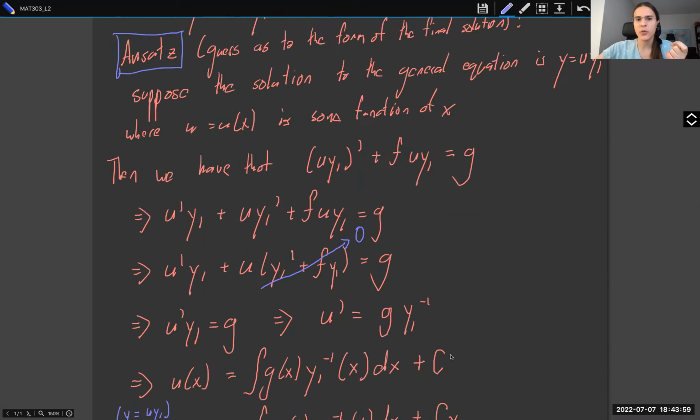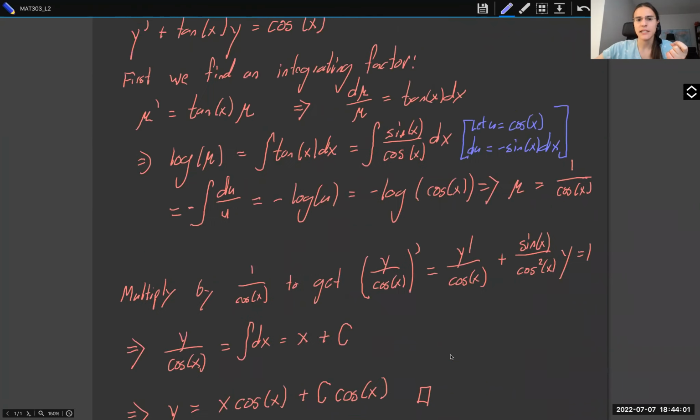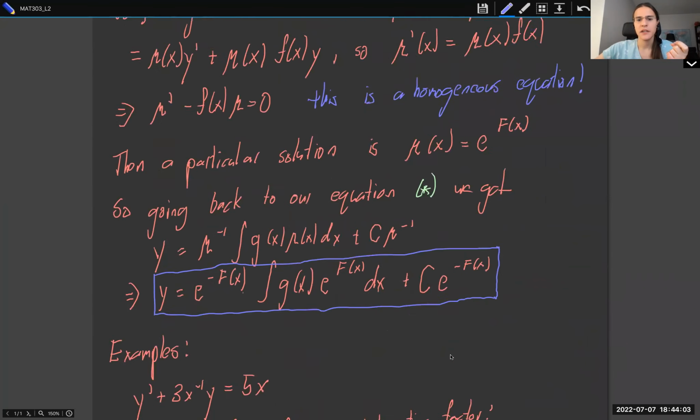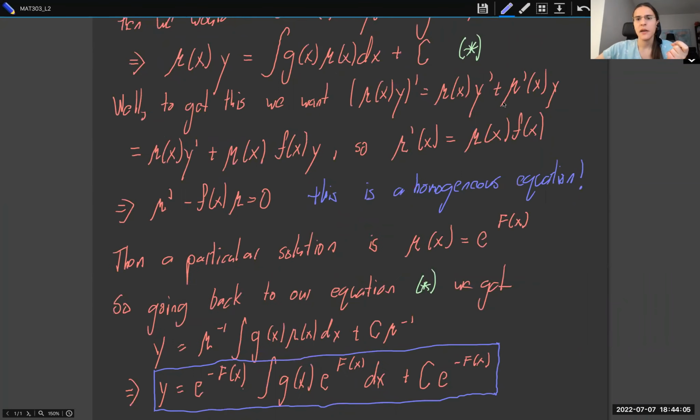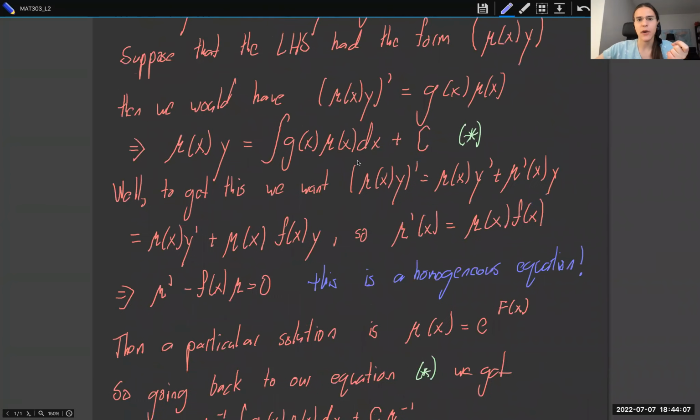So in this equation, we had mu inverse times c, and in the other, instead of mu inverse, we have y1. That tells us that the integrating factor is just the reciprocal of the solution of the homogeneous problem.